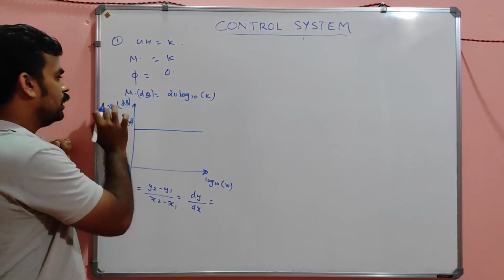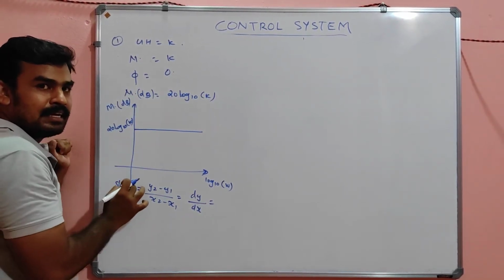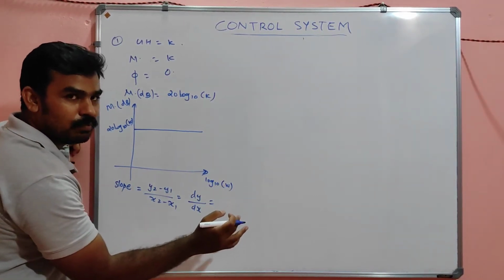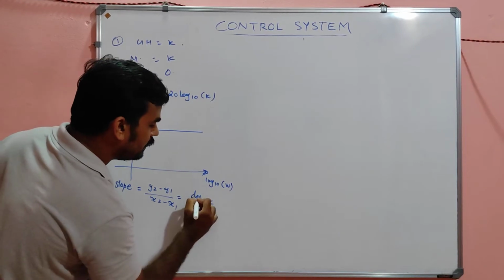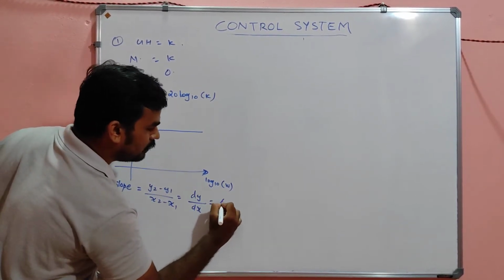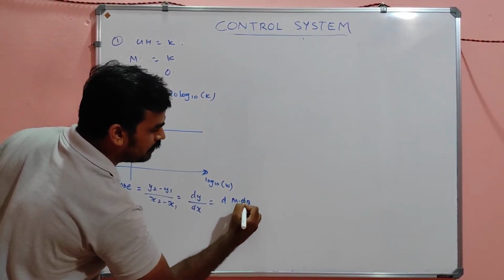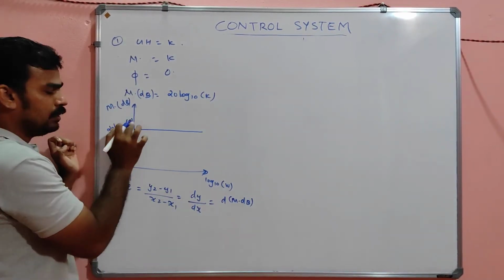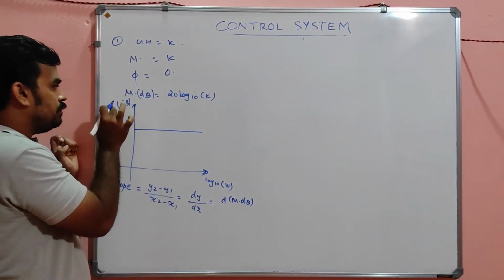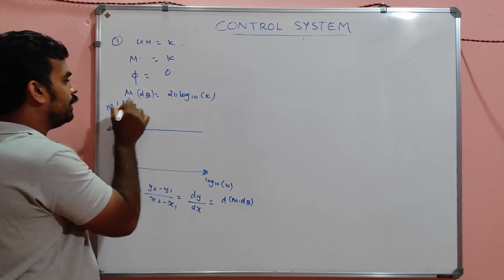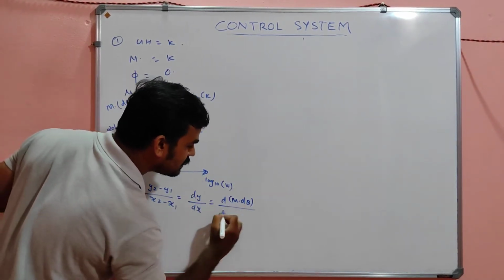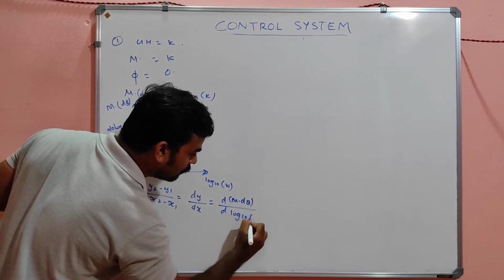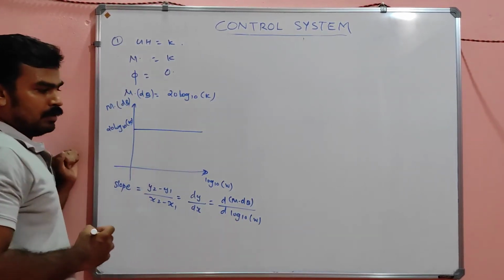In general, suppose you have MdB and log 10 to the base omega as the two axes of a graph, then the y term will be nothing but dMdB, because instead of y it is MdB, and instead of x it is log 10 to the base omega.